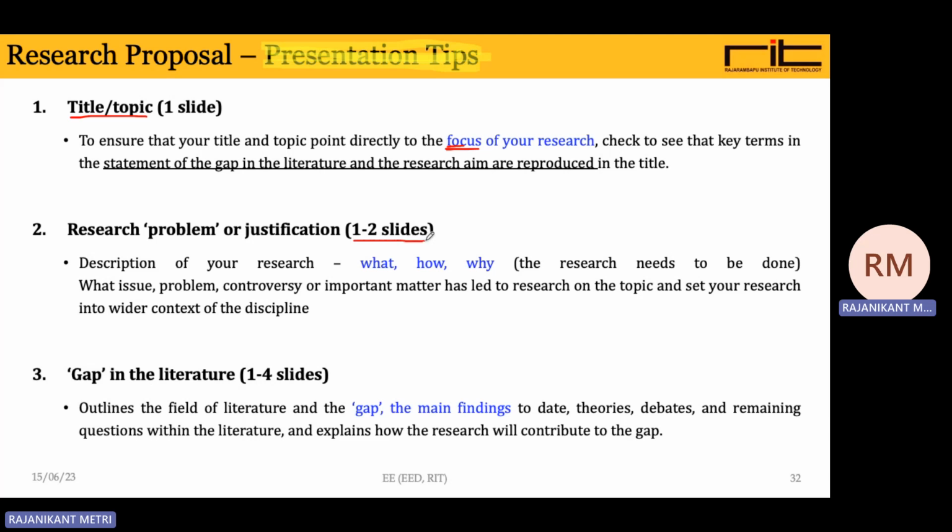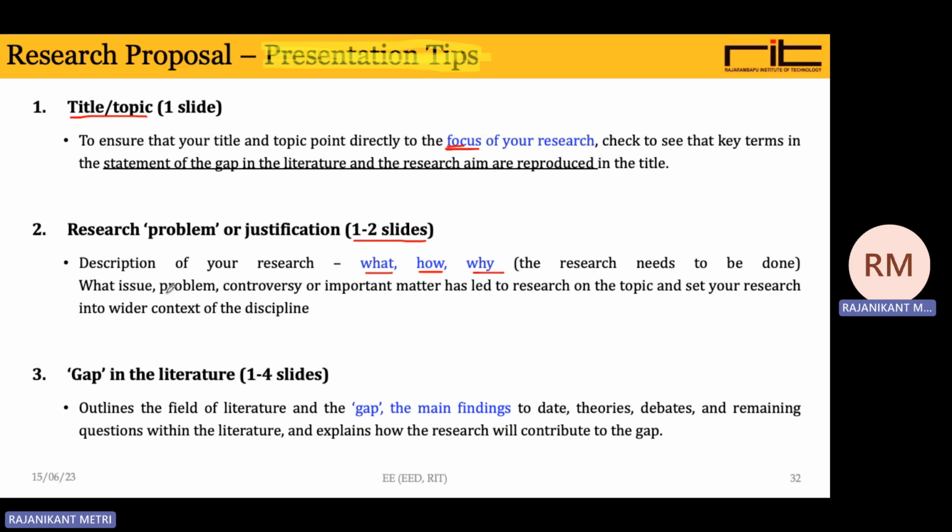In this you should incorporate what your research is, how you are going to carry it out, why it is necessary, why it is important, and how it is important to the society or to that particular system. These questions must be addressed in these 1 or 2 slides.